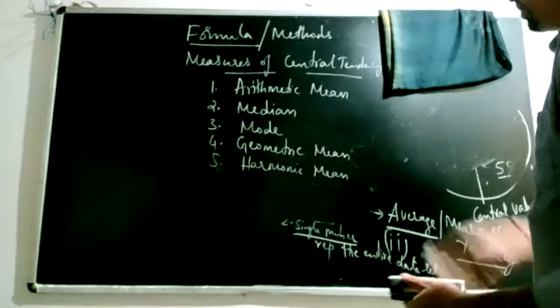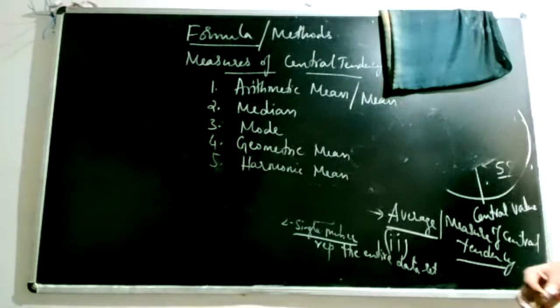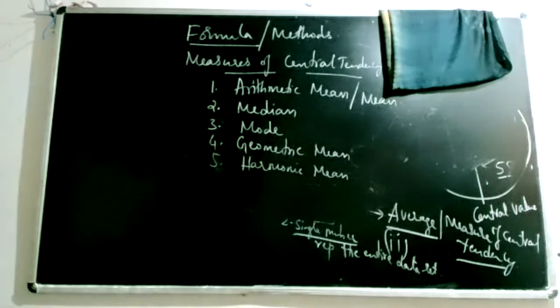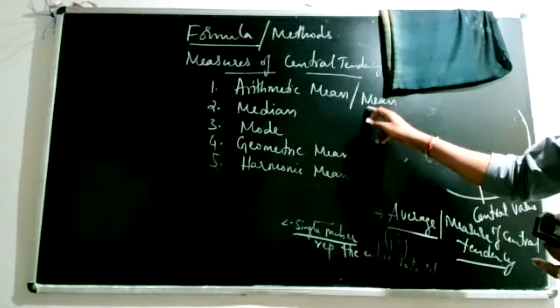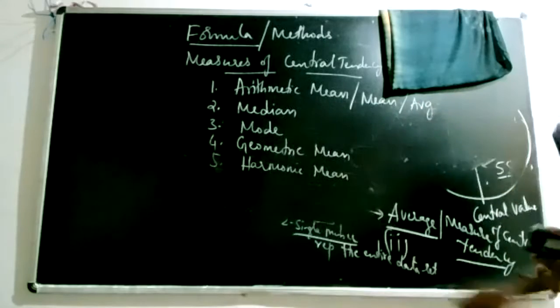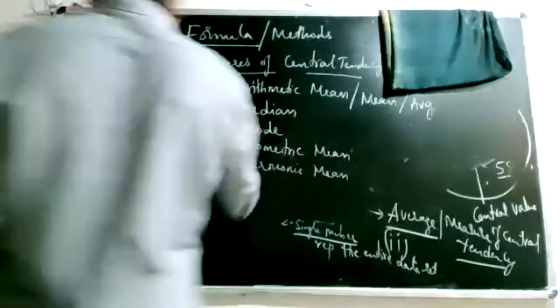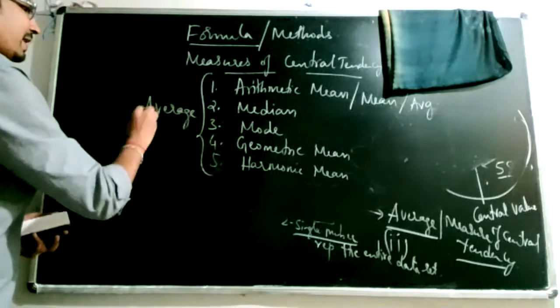So this arithmetic mean, in the language of a layman, is just mean. If you observe, any person who just has the basic knowledge of statistics or doesn't have the knowledge of statistics, if he says mean or average, he means he's talking about arithmetic mean, but statistically speaking, all these five measures are called average.